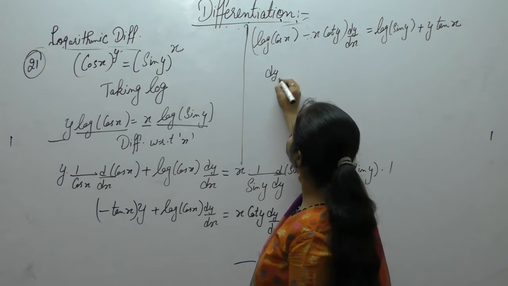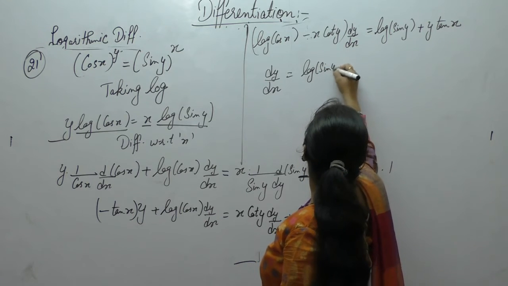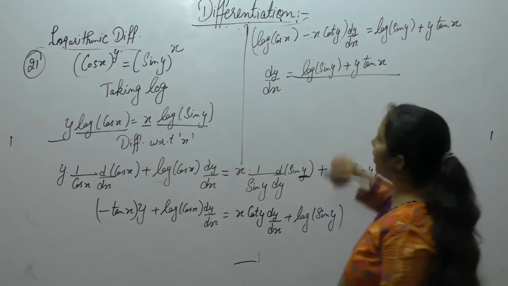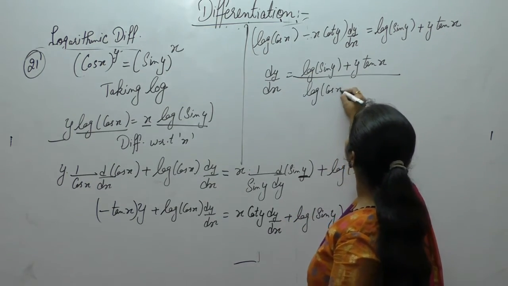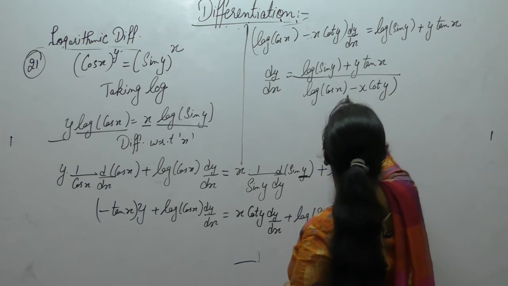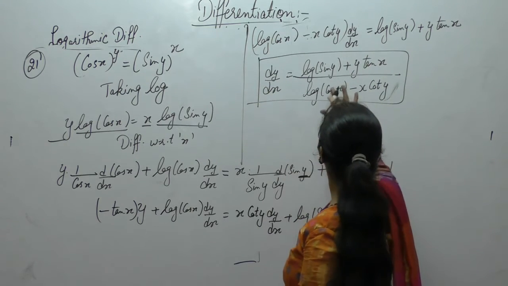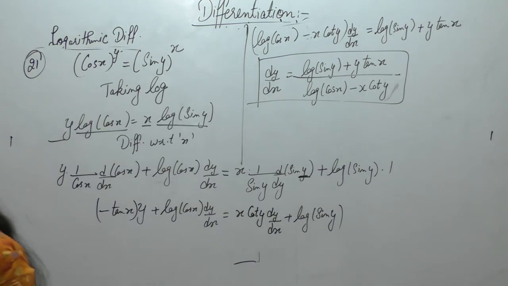So we get the value of dy upon dx as log of sine y plus y into tan of x upon log of cos of x minus x into cot of y. Note it down.